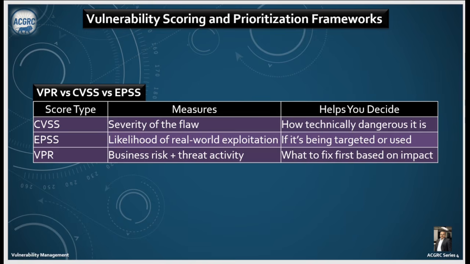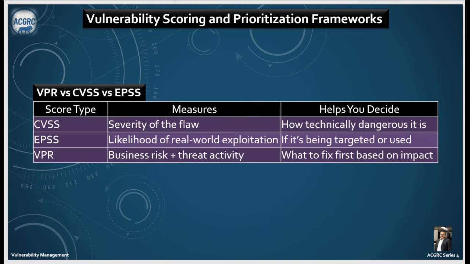So, how does VPR work? Well, in simple terms, VPR uses multiple factors to calculate a score between 0 and 10, just like CVSS. But it adds a business and threat lens to the rating.